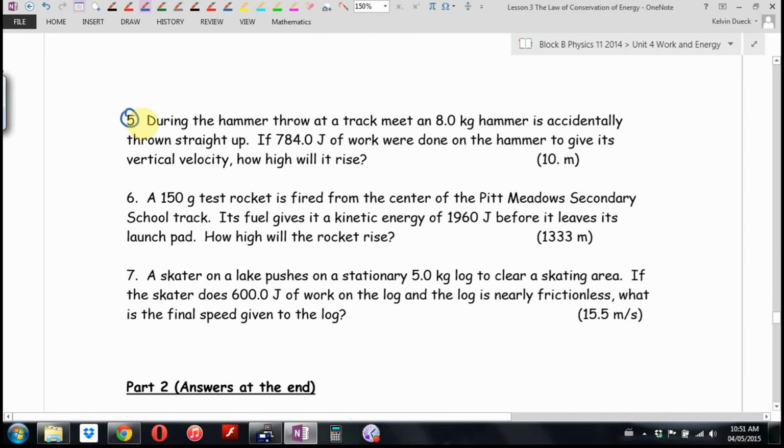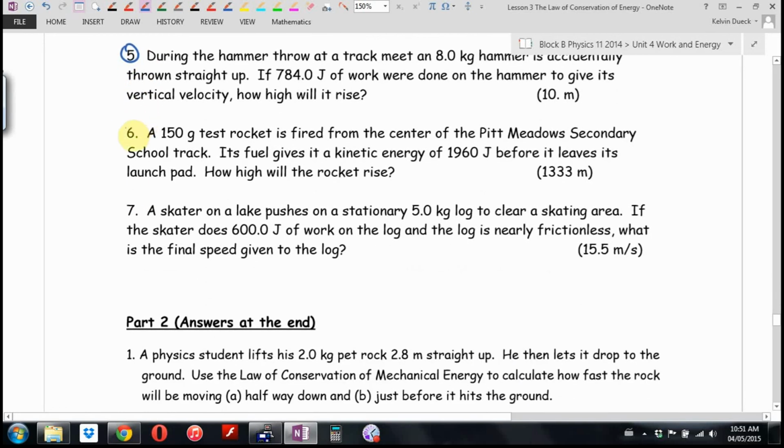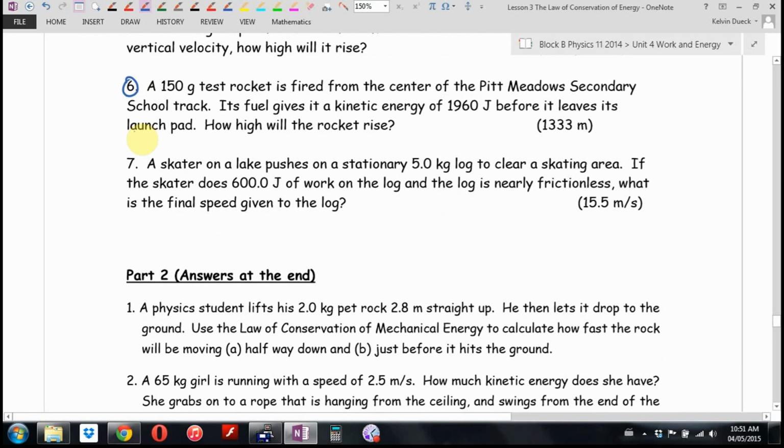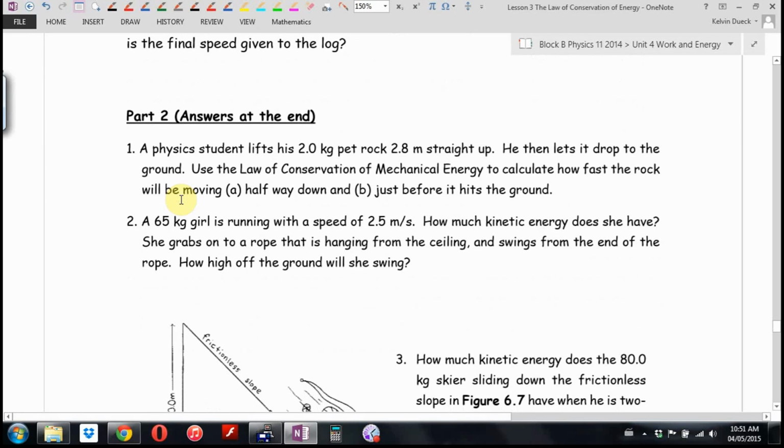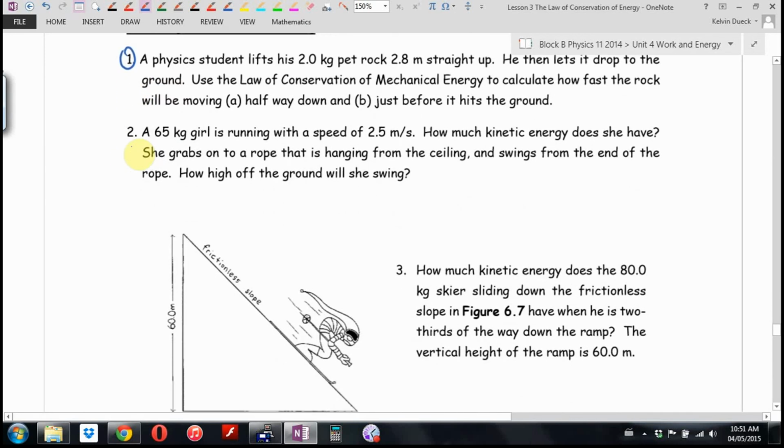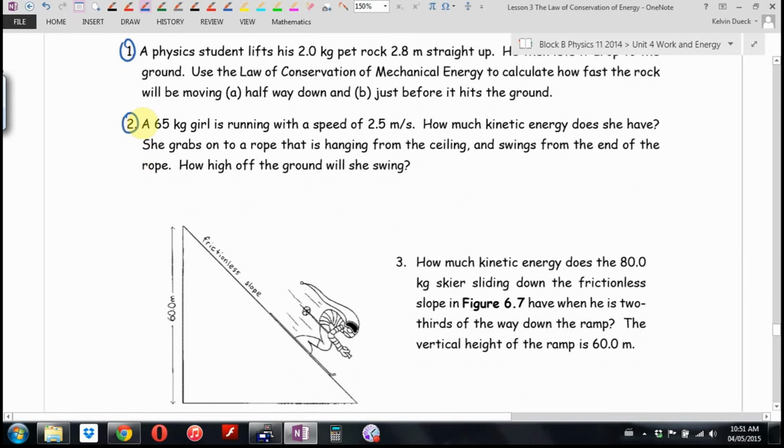Five. 6. You can tell I typed this up back when Pitt Meadows had a track. I need to change that and make it the field. Actually, no, I wouldn't launch a rocket on the field because that would damage the artificial turf. 7. Okay, and then part 2, number 1 is good. Part 2, number 2 is good.